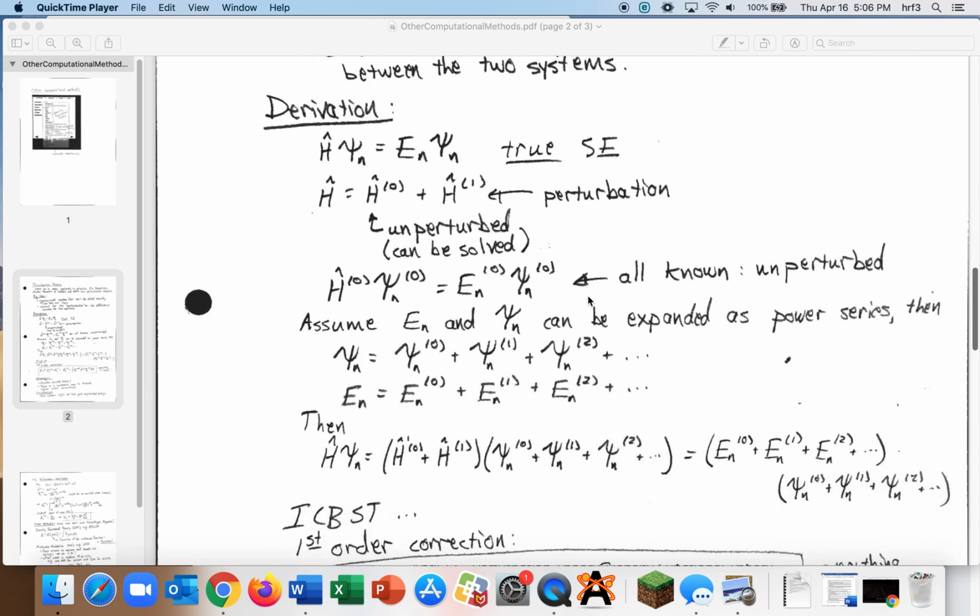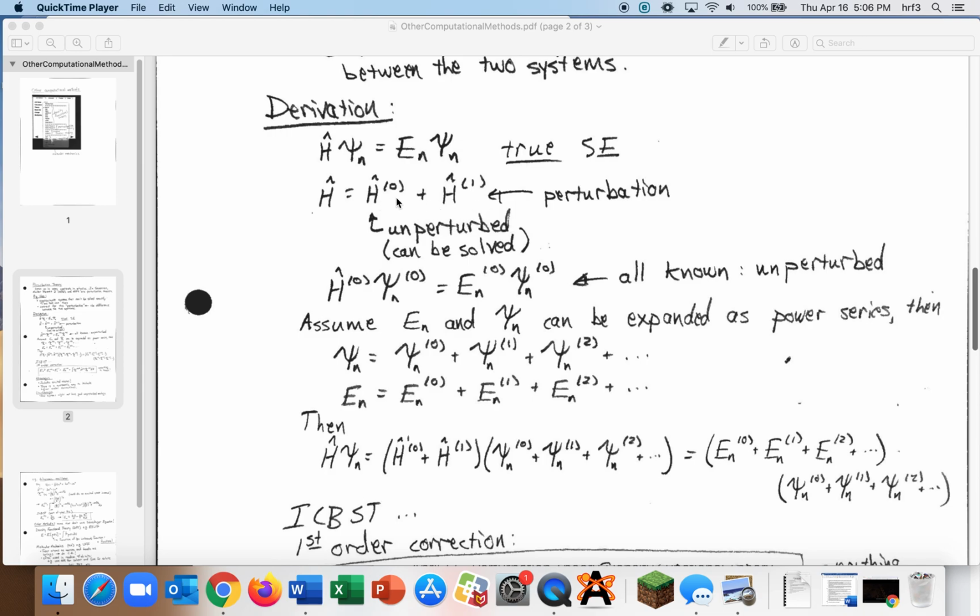So this is kind of how it works. Let's say you have the true Schrodinger equation, h hat psi equals e psi, and of course you don't know e and you don't know psi. Then you can say, okay, well, I don't know how to solve this, but I do know that the Hamiltonian is equal to some unperturbed system that I can solve, and then the perturbation that I can't solve.